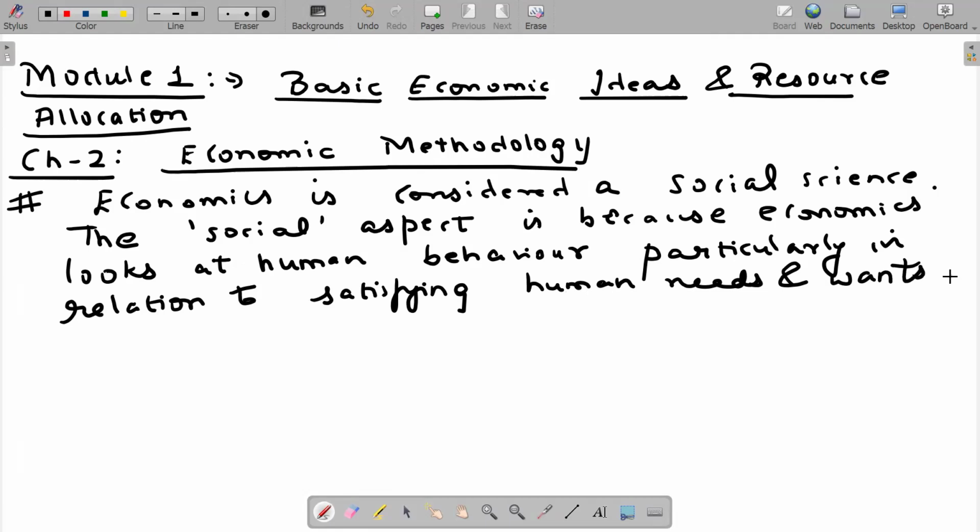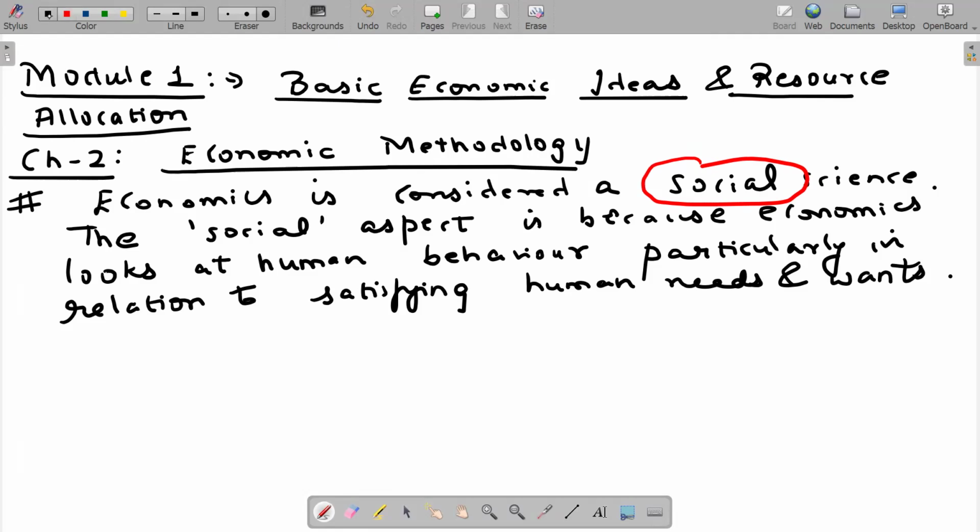The reason why we look at economics as a social science is because economics focuses on human behavior, which is backed by human needs and wants.